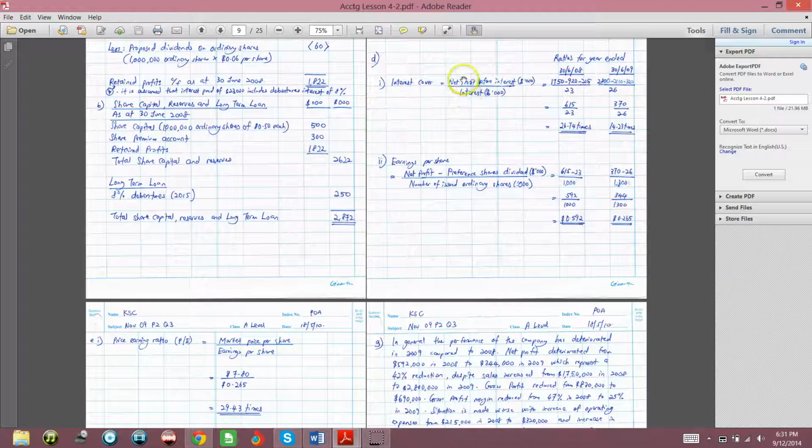So interest cover is net profit before interest over interest expense. Just copy the formula first, and then from there you calculate. So for net profit before interest for 30 June 2009, you calculate your net profit.